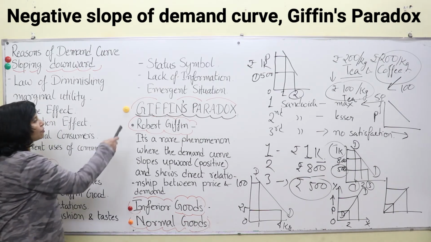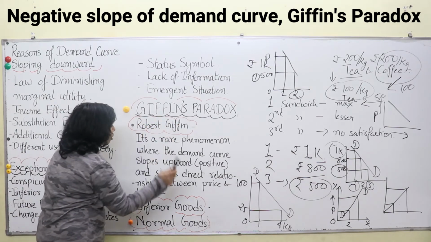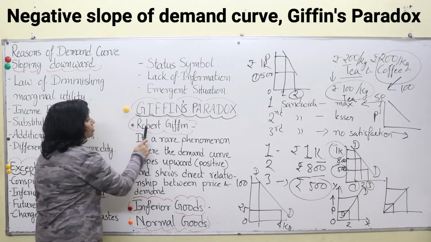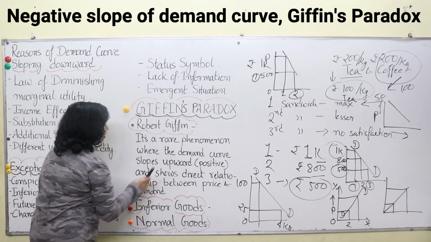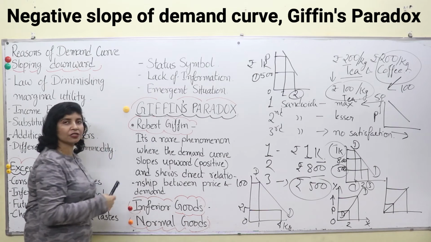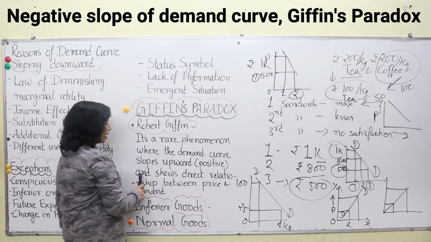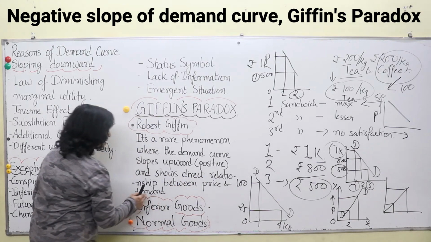Then we come to Giffen's paradox. What is that? This Giffen's paradox is a phenomenon that was presented by the economist Robert Giffen. He said that it's a rare phenomenon where the demand curve slopes upward. That means it is positive, and it shows a direct relationship between price and demand.